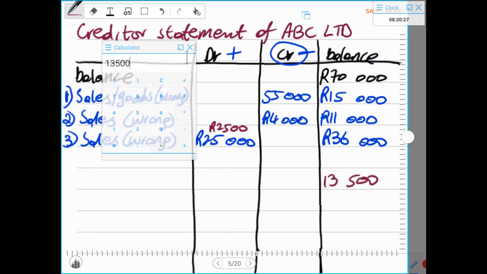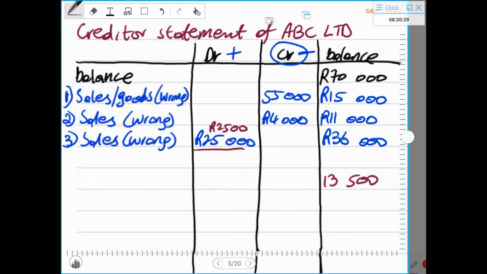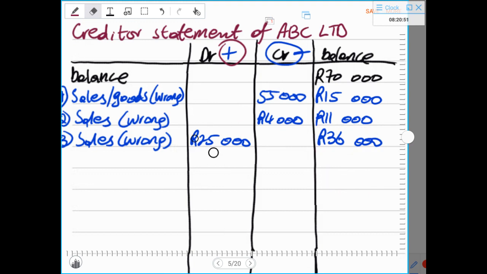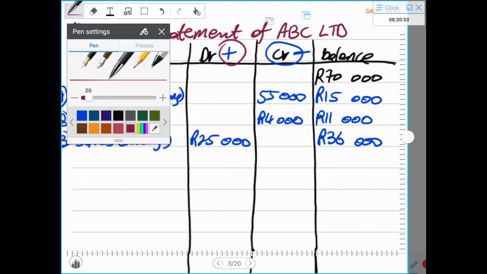But because they recorded 25,000, we see the balance is 36,000, which is more than what it was supposed to be. Hence I said by recording an overstated amount on the debit side, it will always overstate the balance. So the balance is more than what it was supposed to be, and the minute that is the case, we less, because our balance is overstated.